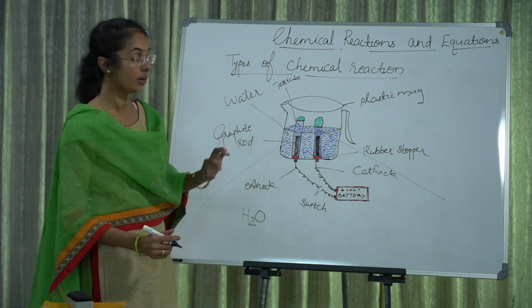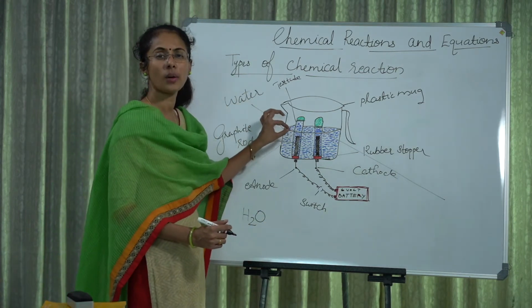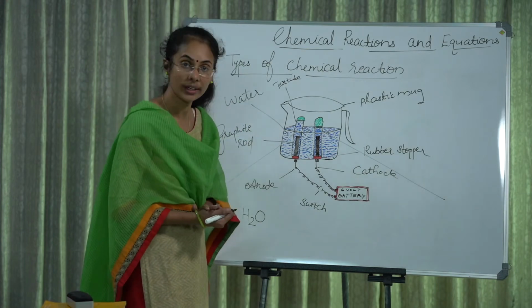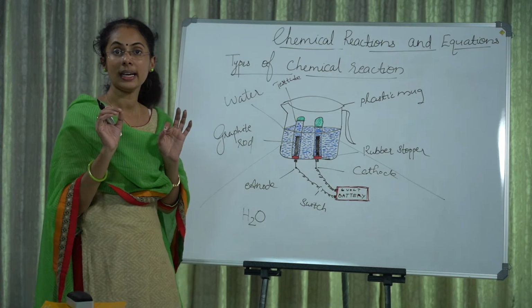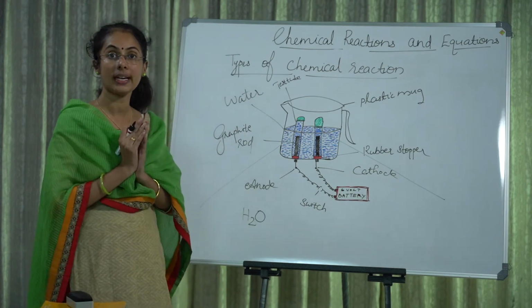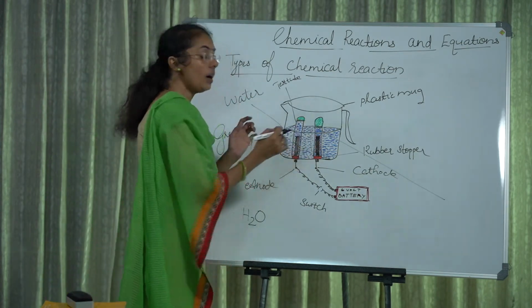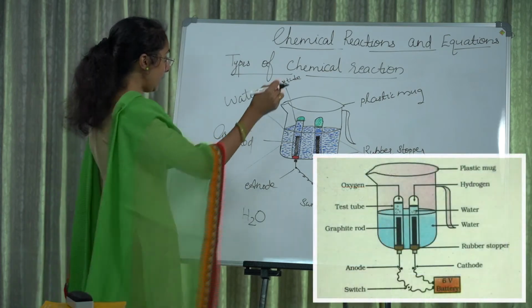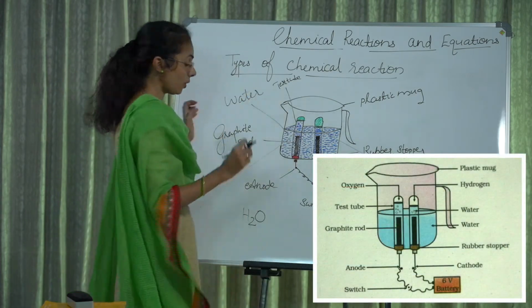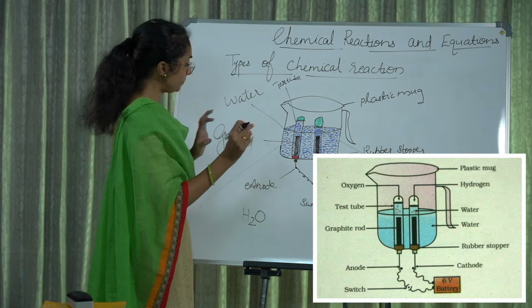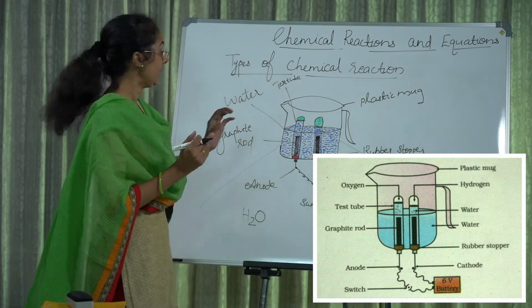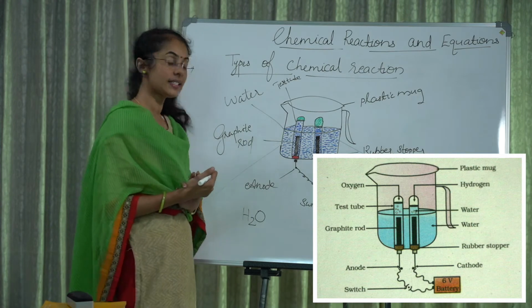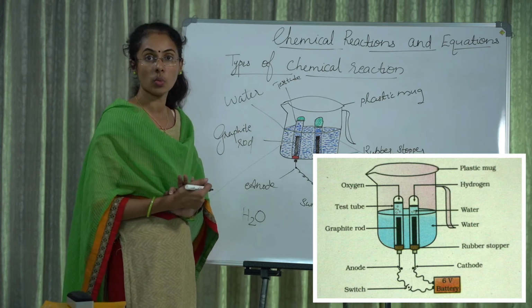H2O is water, no? Then add 2 or 3 drops of sulfuric acid in this water. Then put the graphite rods, that is carbon rods, into the two test tubes filled with water, connected with the 6-volt battery. In this reaction, electricity is passing through this water.